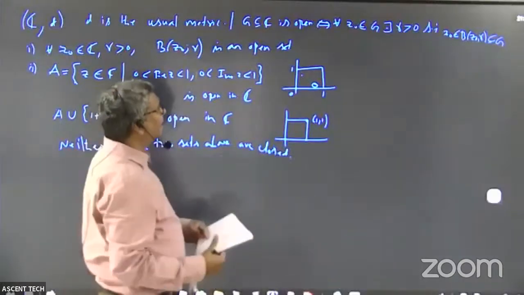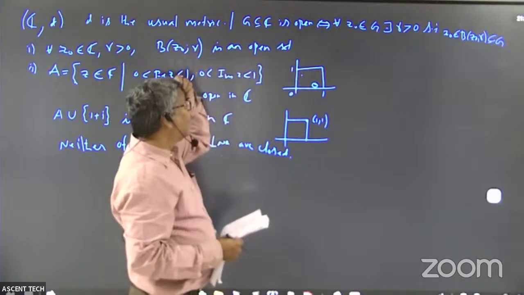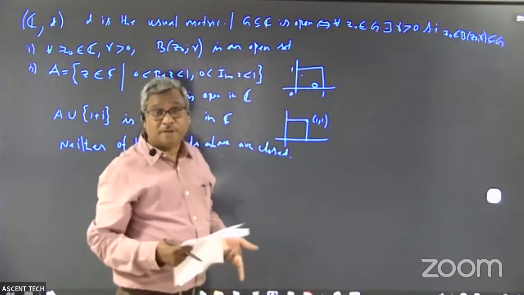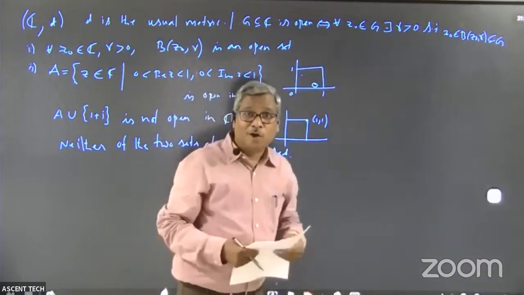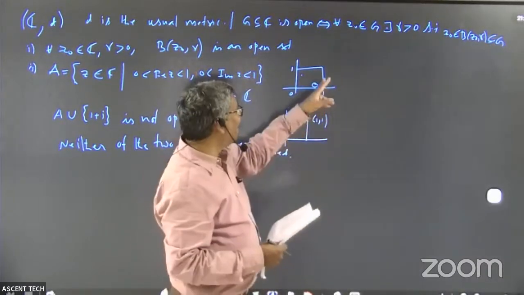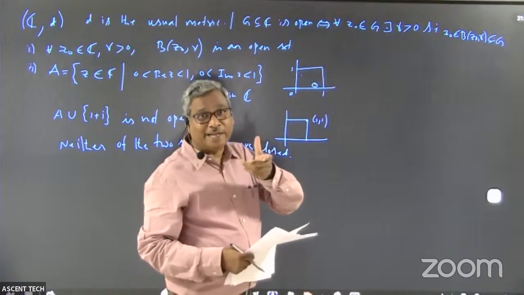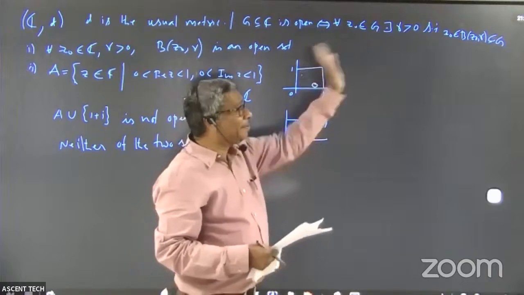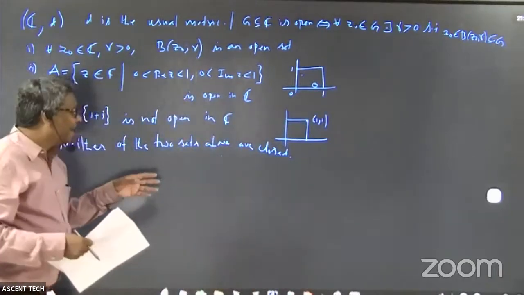Why is this, for example, not closed? If it is closed, its complement should be open. Unfortunately, its complement has a lot of bad points. Even 1 plus i itself is a bad point. No matter what neighborhood I take around that point, it will not be in the complement.